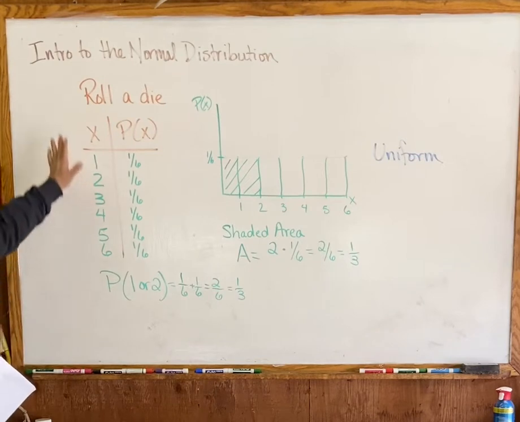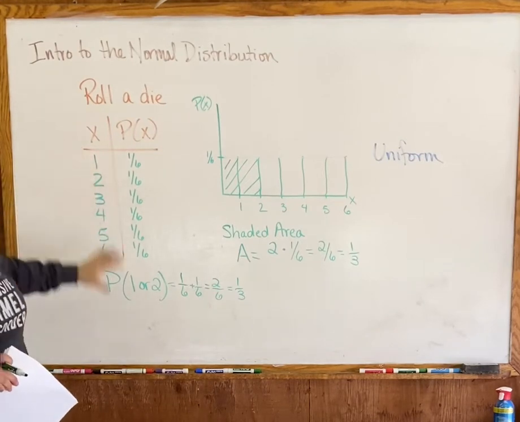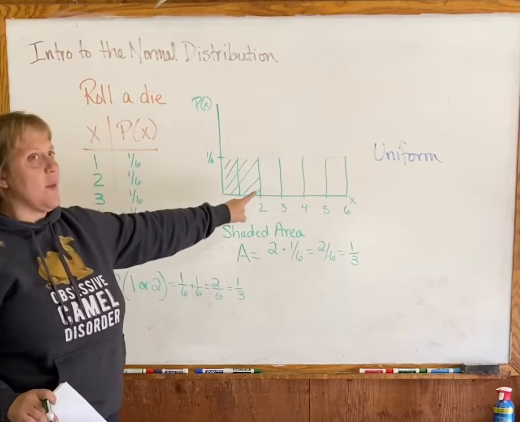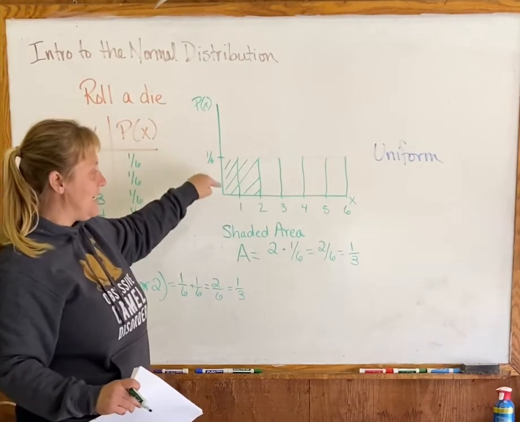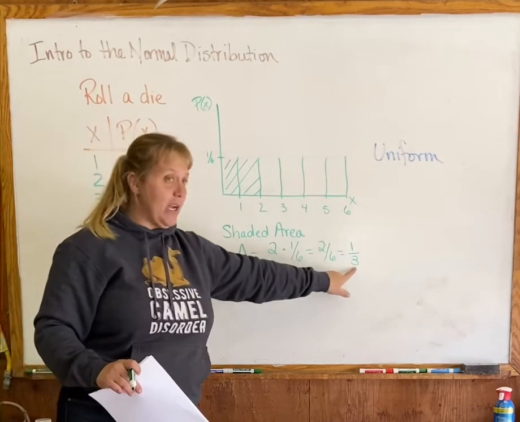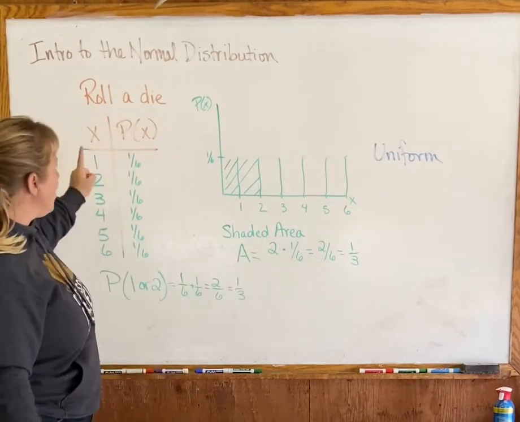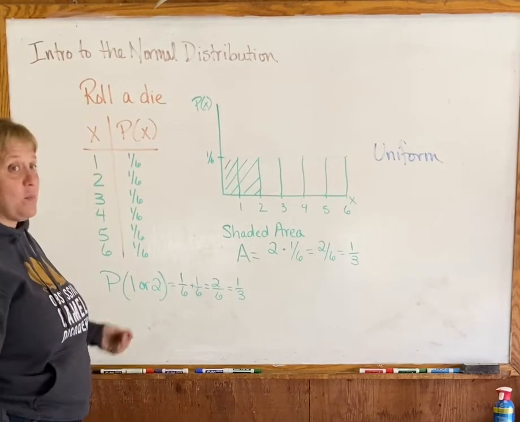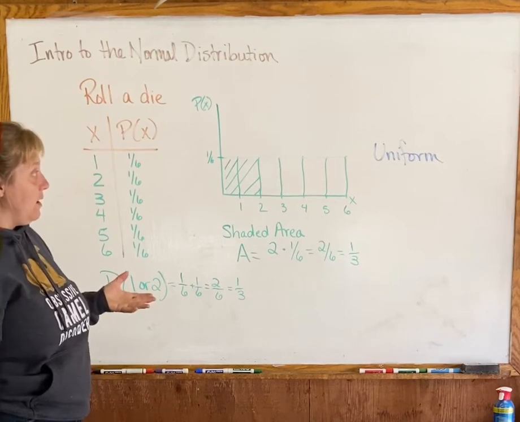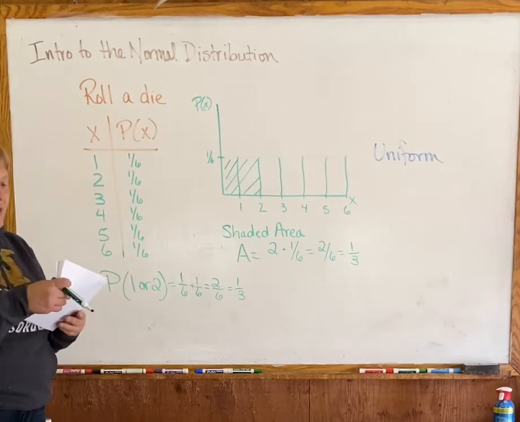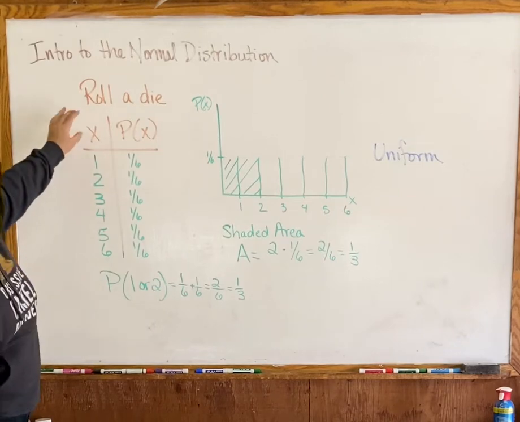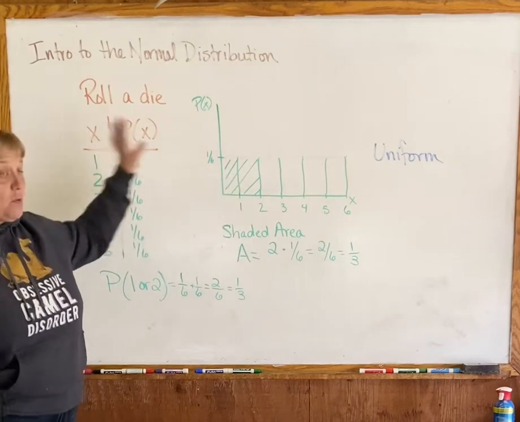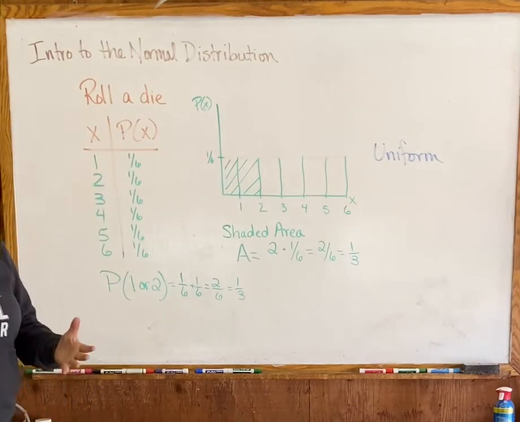So over here in the table form, we were able to do a probability using our probability rules, and we got 1/3. Over here in the graphical form, I asked you for a shaded area. We found that shaded area, and we got an area of 1/3. Graphically and in table form, they're equal to each other, aren't they? They represent the same thing. So what we end up with from this graph is that probability can be represented as area. Probability and area are basically the same thing.